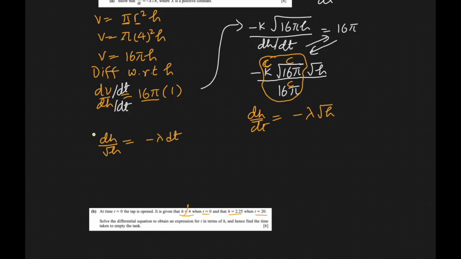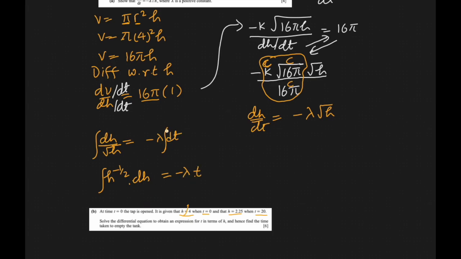Right? Now I'll integrate both sides so that I can get the solution. Okay. Here I can write h to the power minus half dh, right? I just brought this above and converted square root to power half. So when it went up, it became negative, equal to negative lambda and t.